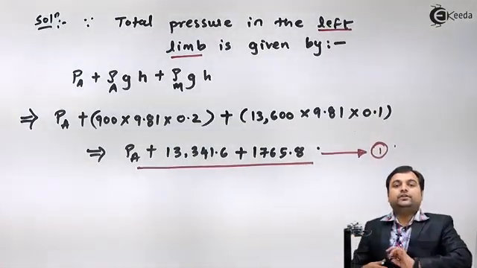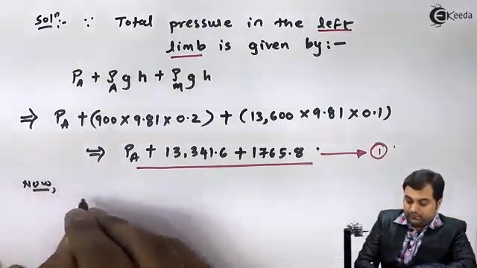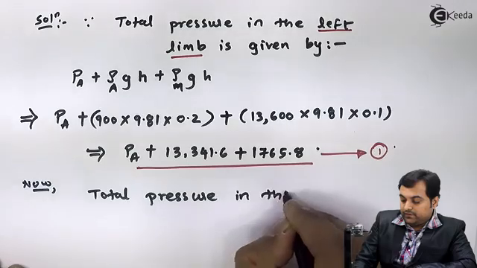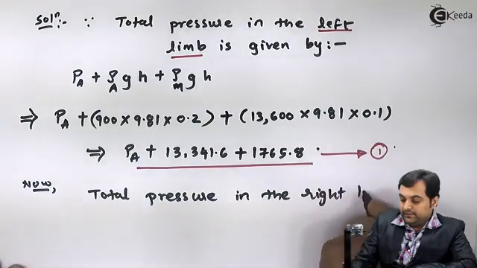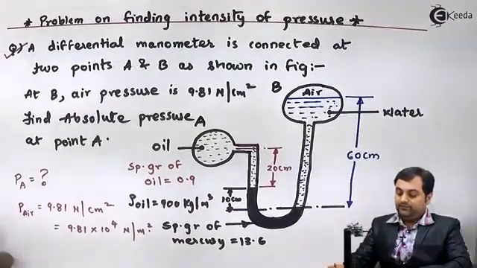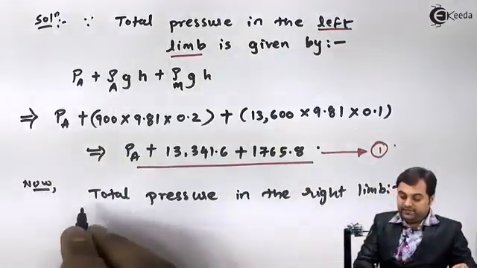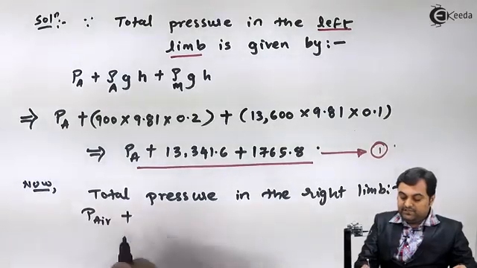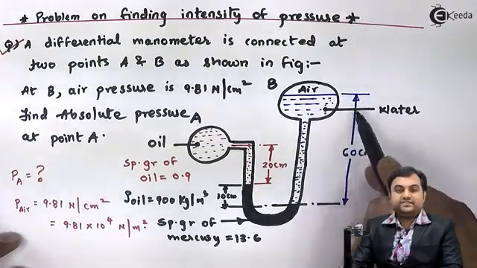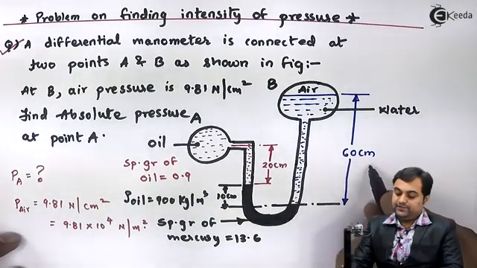Now similarly I will calculate the total pressure in the right limb. As we see, in the right limb we have only air and water, no mercury is there. So pressure of air, that is P suffix air, plus the pressure of water. Water is up to a height of 60 centimeter, as we can see from this datum. So this becomes 0.6 meter.